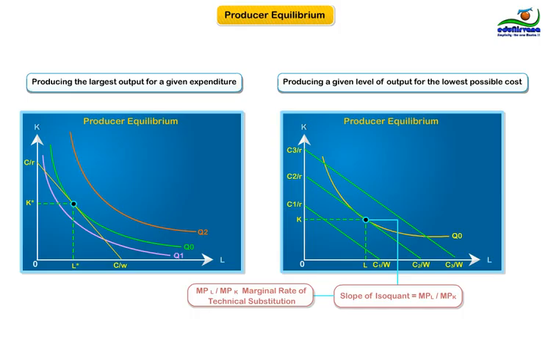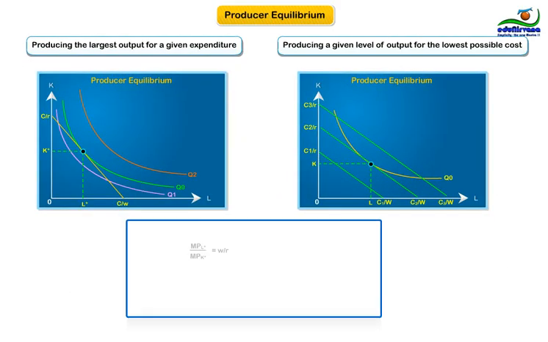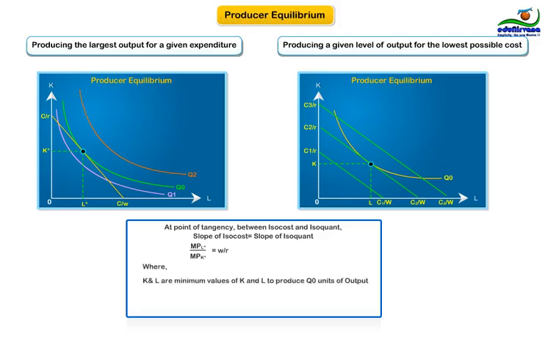Combining this with the result that minimum cost occurs at a point of tangency with the isocost line, whose slope is equal to W divided by R, it follows that MPL star divided by MPK star is equal to W divided by R, where K star and L star again denote the minimum cost values of K and L. Cross-multiplying, we have MPL star divided by W is equal to MPK star divided by R.